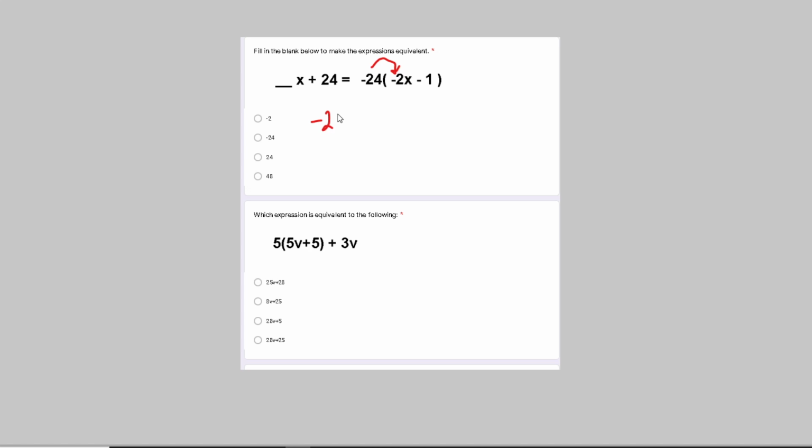Negative 24 times negative 2, that's positive 48. If you double check it, 48x plus 24, well, let's see, we'd have negative 24 times negative 2, that's a positive 48. Negative 24 times negative 1, it'd be a positive 24. So that works.